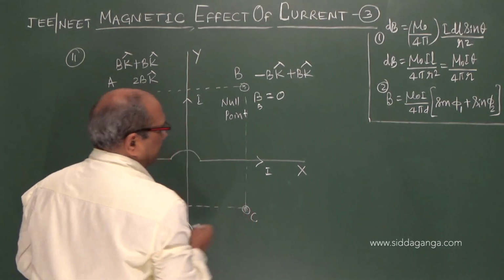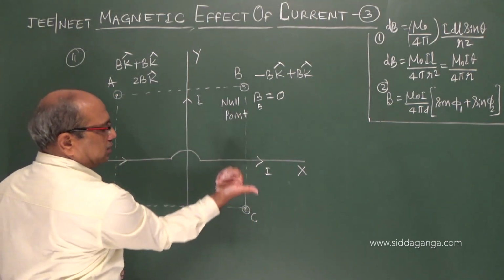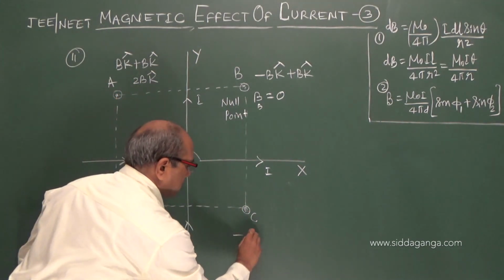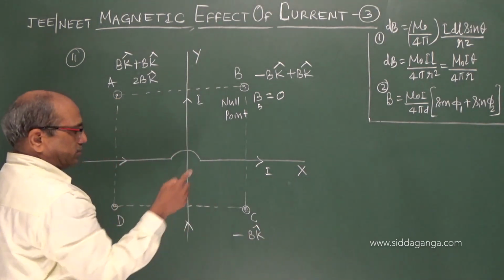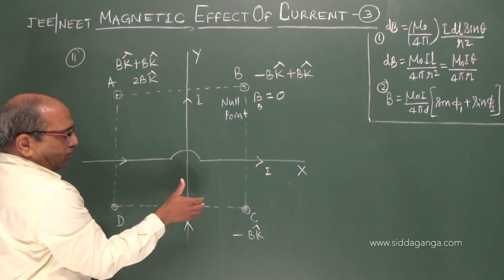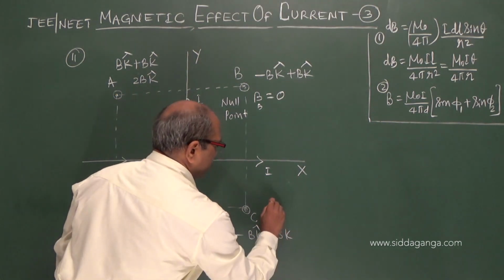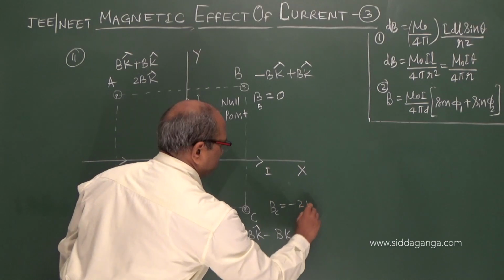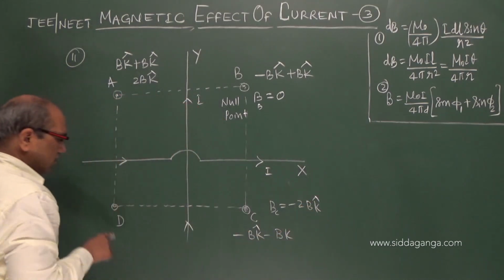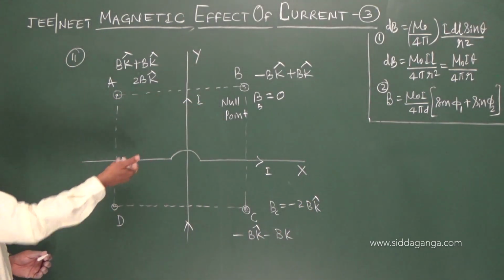If you take this again, you observed here it is into the board, minus BK, along the Z axis. Again if you take this, minus BK. The total field at C is minus 2BK. Coming here, it is again minus BK.